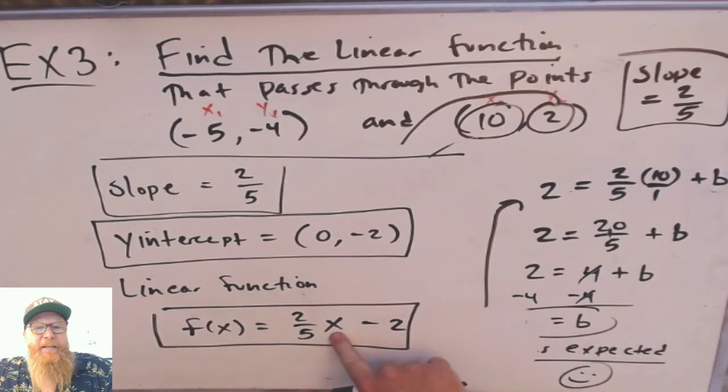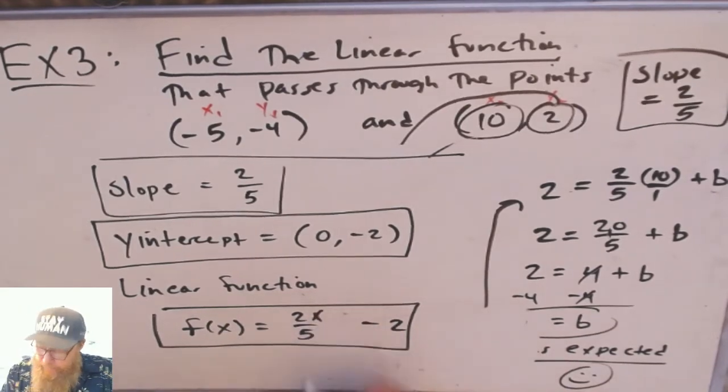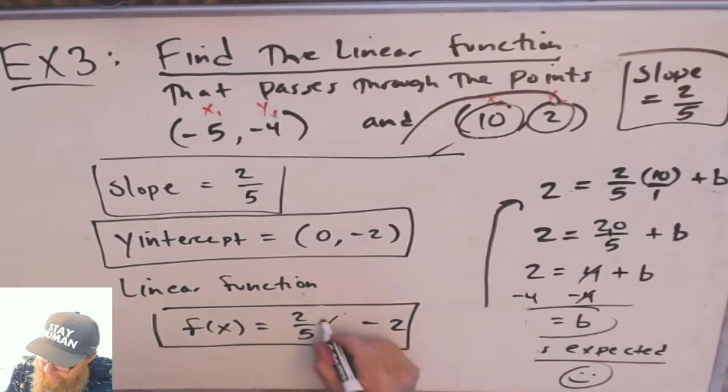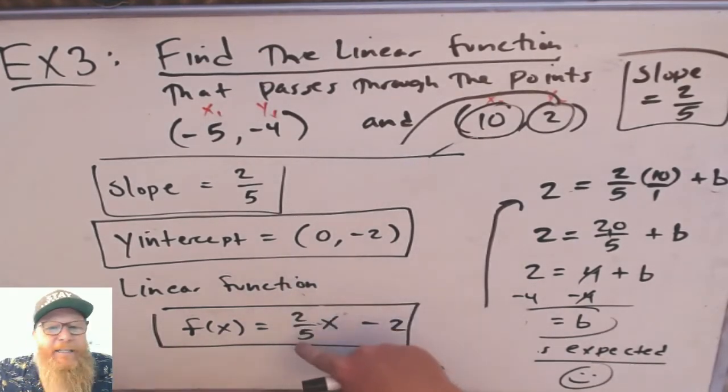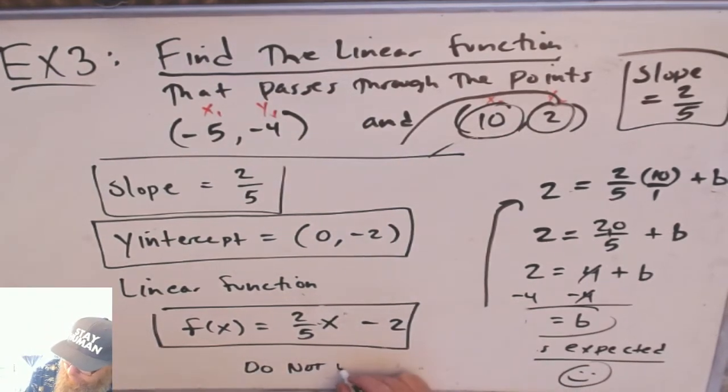Make sure that the x is either in the numerator, like that, or I prefer it off to the side, but do not put the x in the bottom. I will mark it wrong.